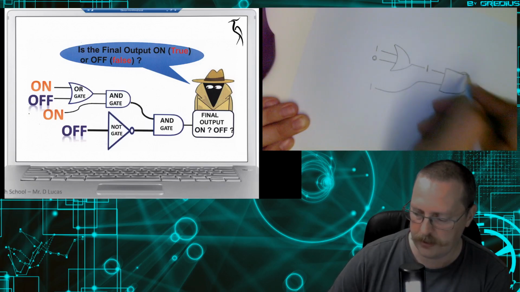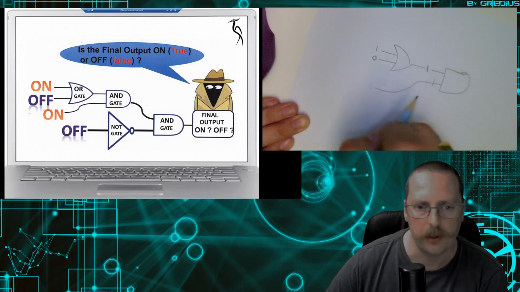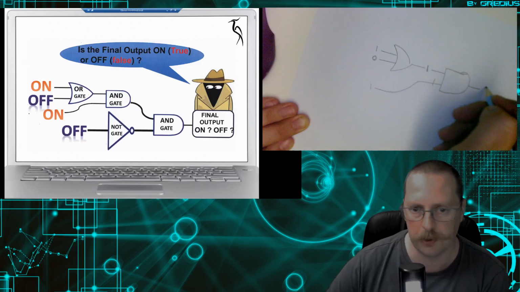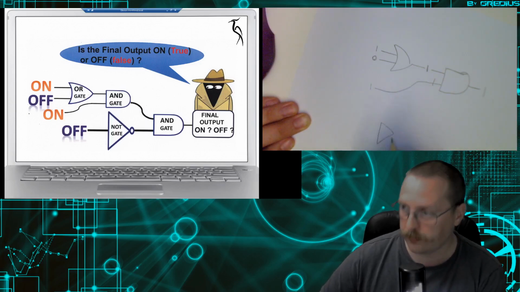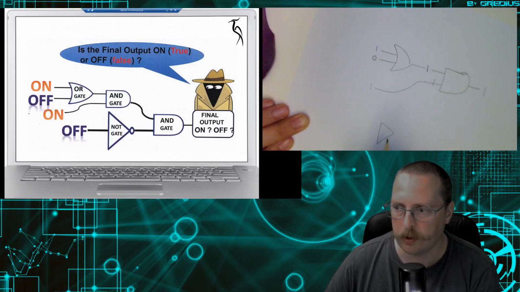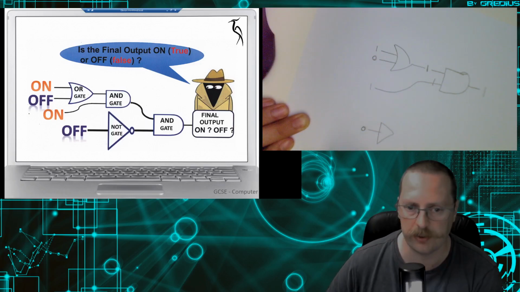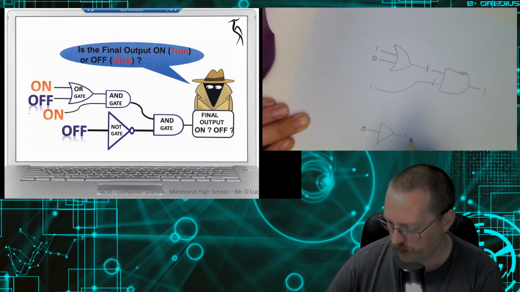Now for an AND gate, remember it looks like a D, both need to be on. So this is on and this is on, therefore our output will be on. Now here we've got a NOT gate. If we look over on the computer screen, it starts off as off, which is 0, which means our output becomes a 1.